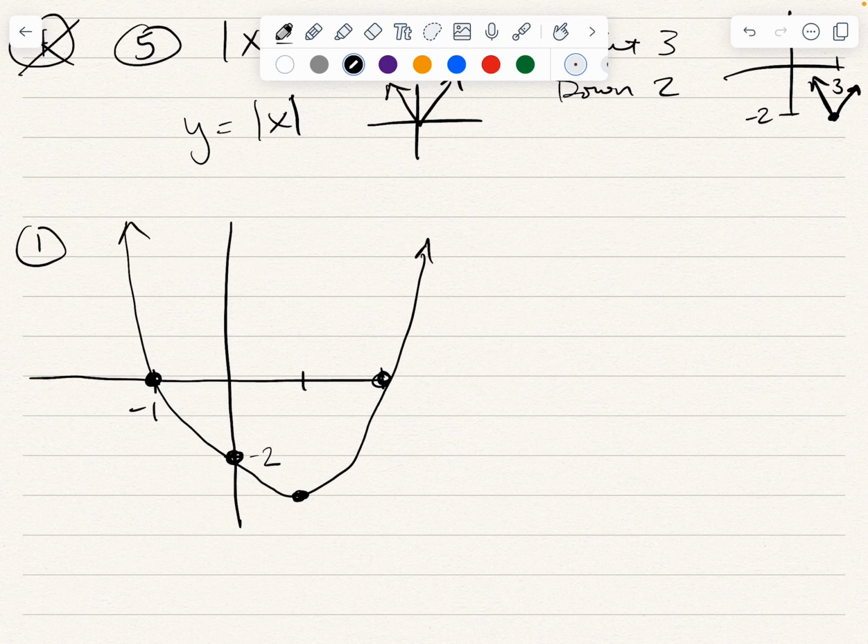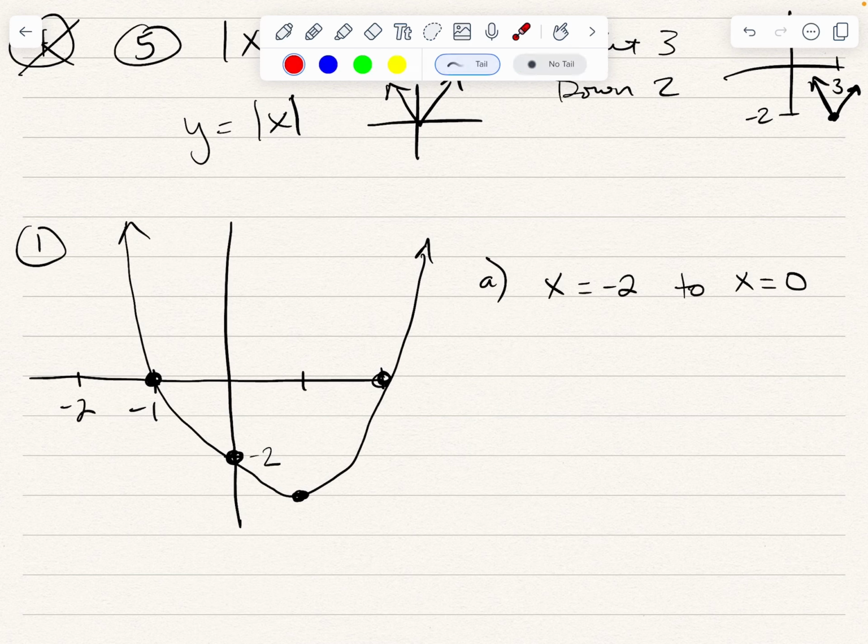For part A, is the graph increasing or decreasing from x equals negative 2 to x equals 0? So when x is equal to negative 2, what is my graph doing? I'm tracing the graph until x equals 0, which is right here.